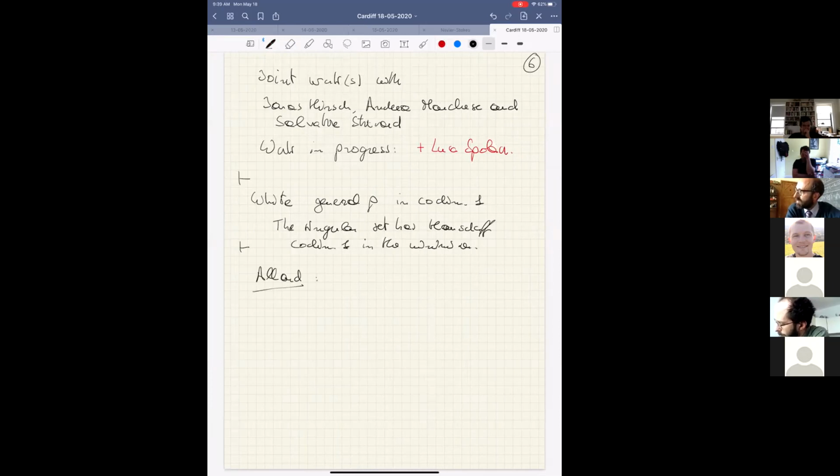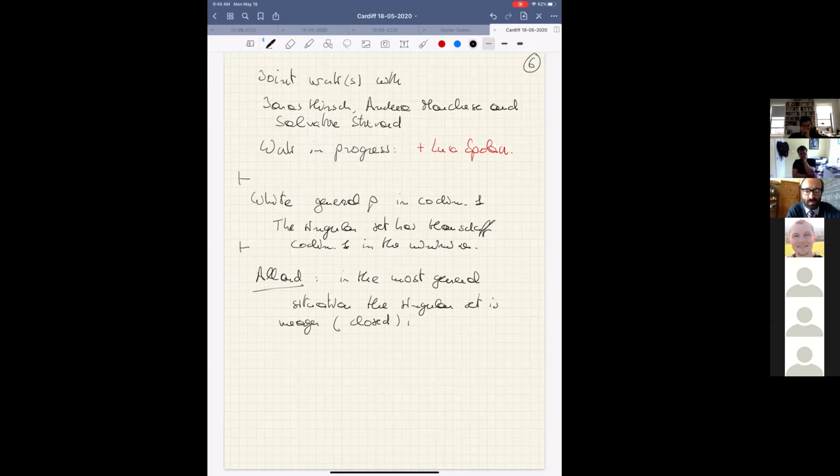So Allard also tells you that in the most general situation, the singular set is meager, which means it's closed and it has empty interior inside the surface. But of course, this theorem by Allard even leaves open the possibility that the singular set has positive area, right?